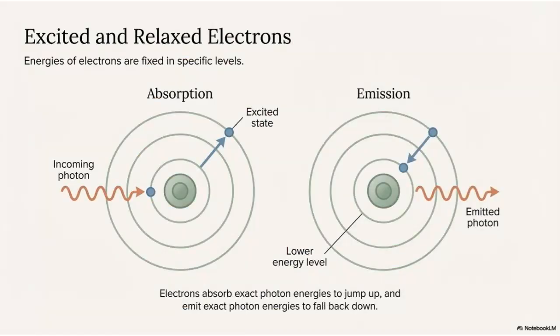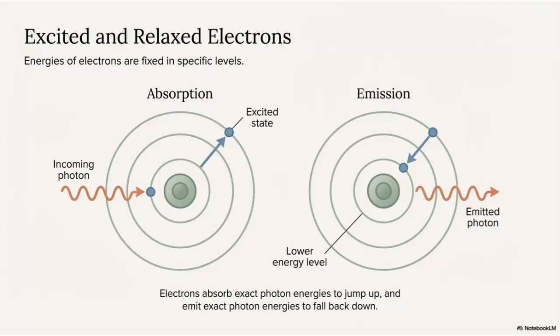So when we have an atom, we know from what we've done in the past that the atom has a center where the nucleus is, and then we have these orbits where the electrons are located. So sometimes the atom is just hanging around, and all of a sudden, this burst of energy hits one of the electrons.